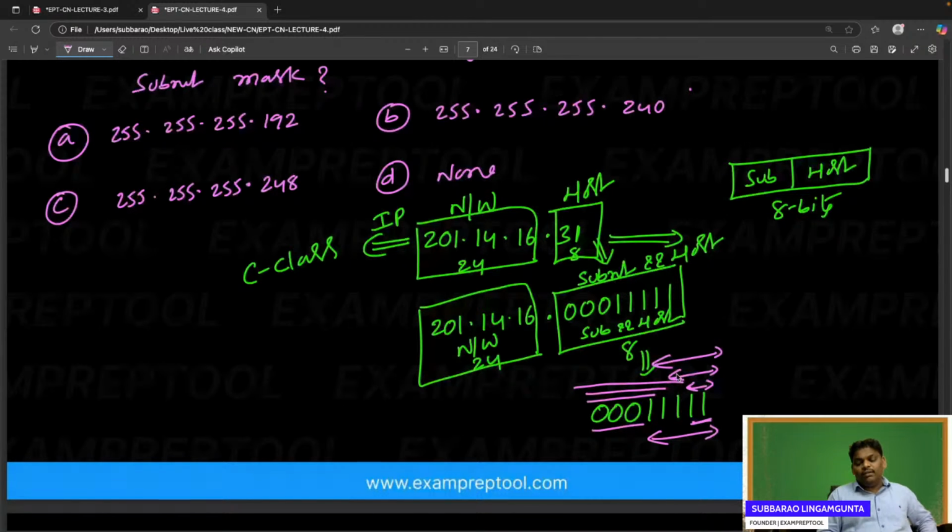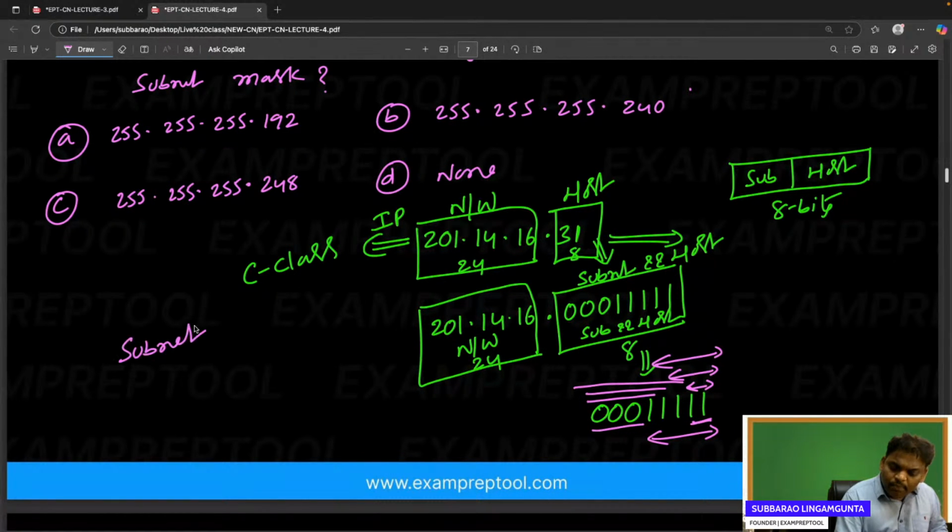What is the reason? If 7 bits were subnet, only 1 bit would be left for host, and 2 power 1 minus 2 means 0 hosts possible. That is the reason. The subnet possibilities are 3, 4, 5, or 6 bits. 7 is not possible.